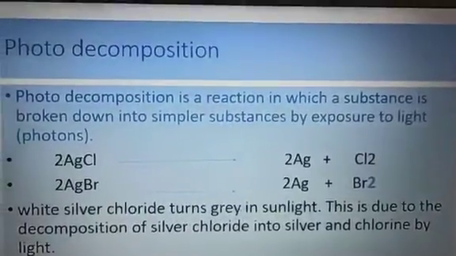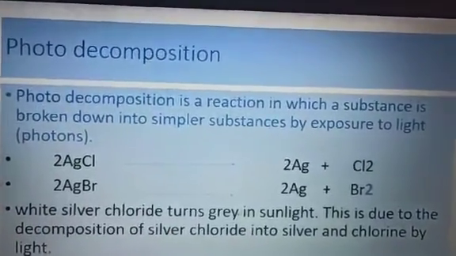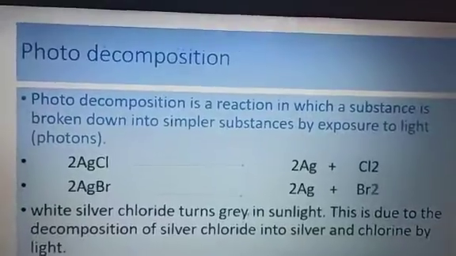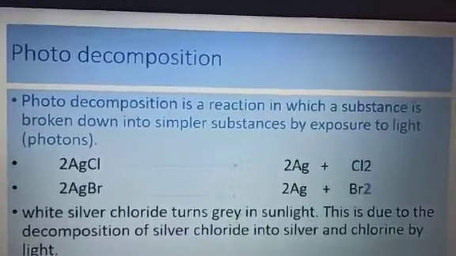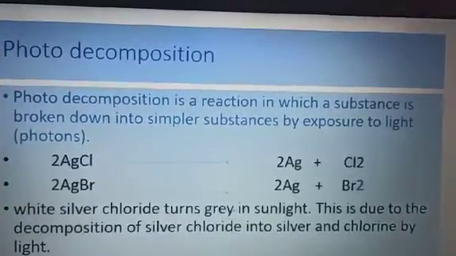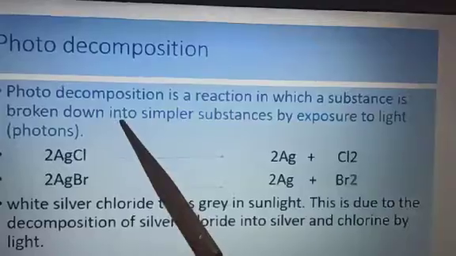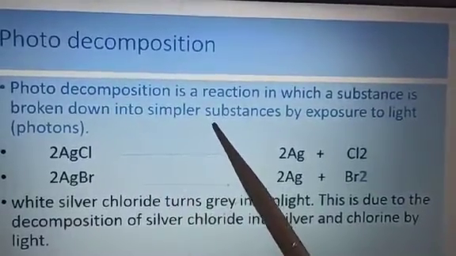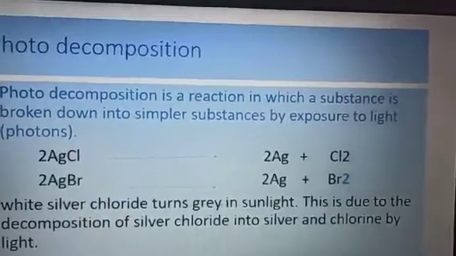One more decomposition reaction which we have to do is photodecomposition. Photodecomposition means the decomposition which takes place in the presence of light. So photodecomposition is a reaction in which a substance is broken down into simpler substances by exposure to light, that is photons.